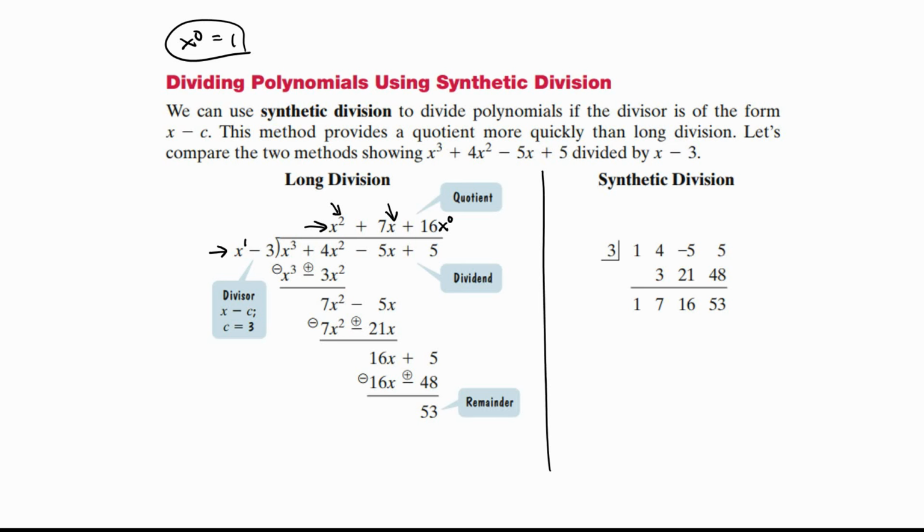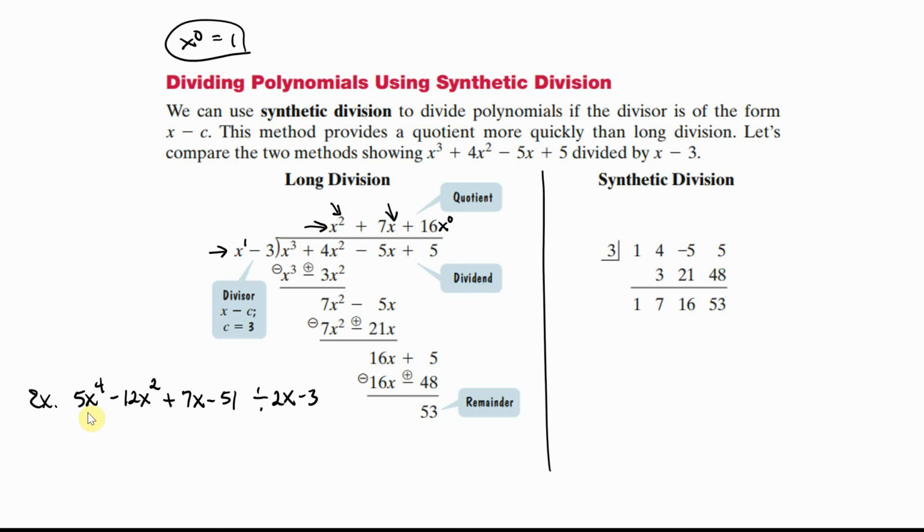If the polynomial is missing some terms in between, say for example, if we have 5x to the fourth minus 12x squared plus 7x minus 51, and this is said to be divided by, let's say, 2x minus 3.